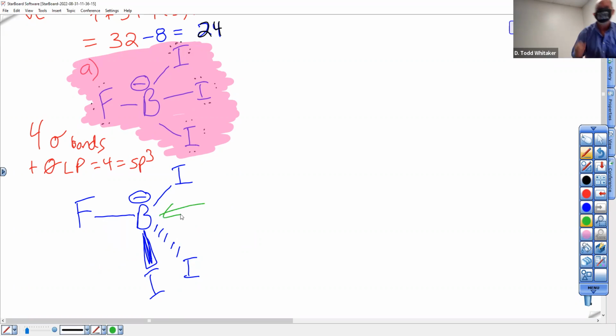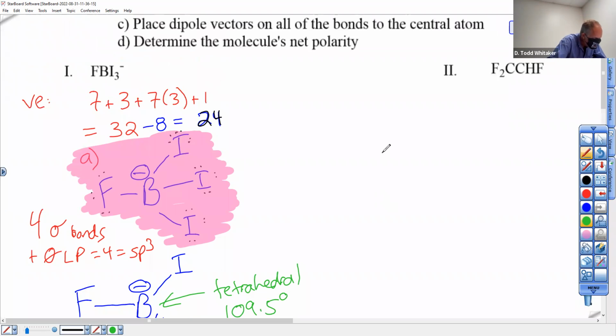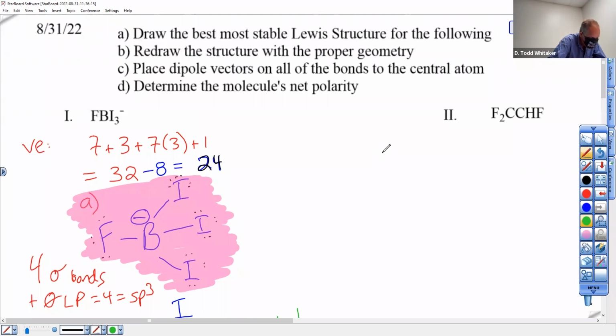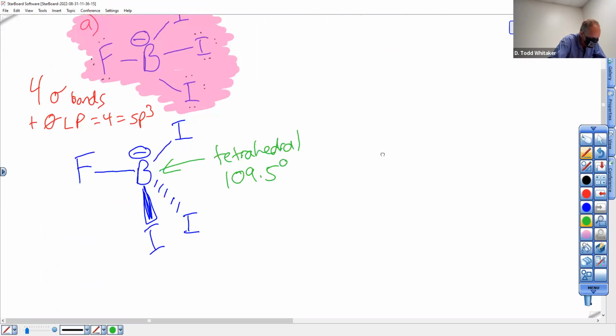And its name. What was the name of this geometry? Tetrahedral. And what was the angle? I believe that is how I want answer C. No, B. No, I didn't even ask for it. You need it. That's okay.